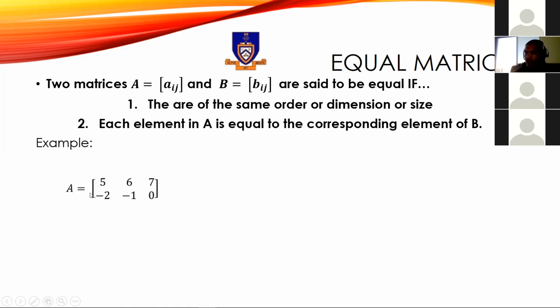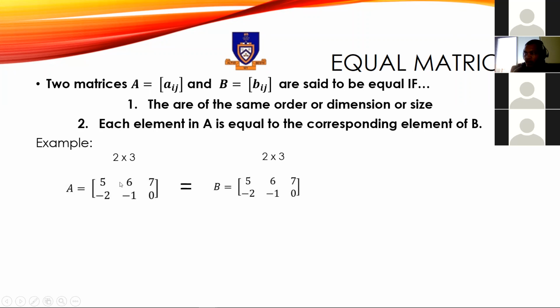For example, we have matrix A, the previous one, with 5, 6, 7, minus 2, 1, and 0. And this is a 2 by 3. And we can say it's equal to matrix B, 5, 6, 7, minus 2, minus 1, and 0.